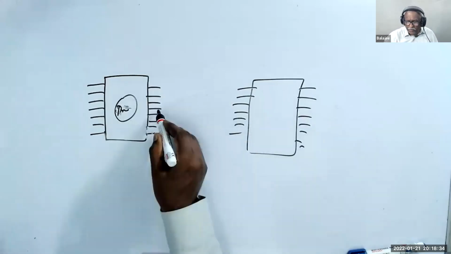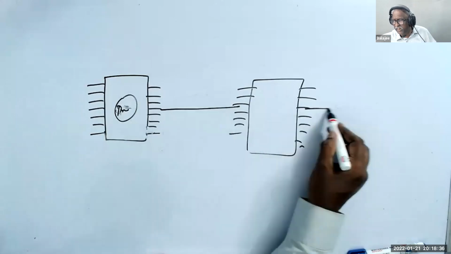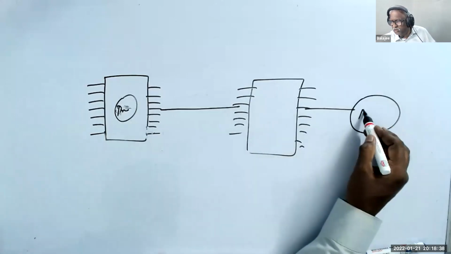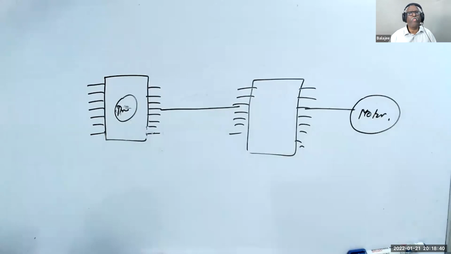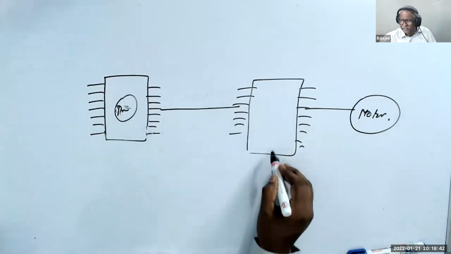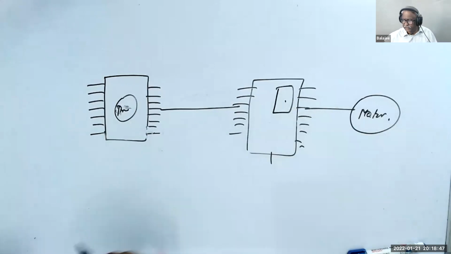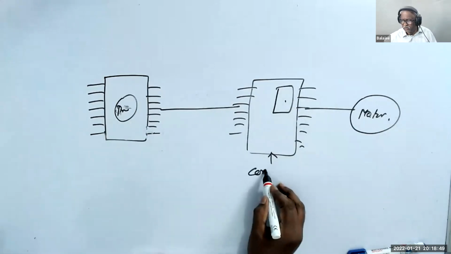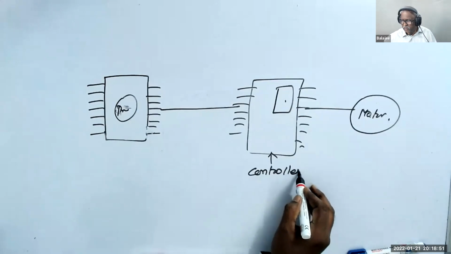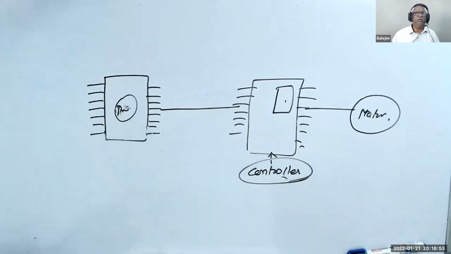This unit takes the input from you and does the activity. Let us say I control a motor. This guy is having software to control the motor only. This is called a controller, that we discussed in the microcontroller sessions.